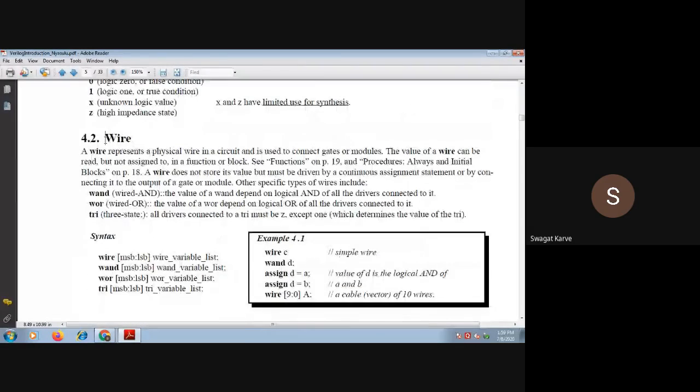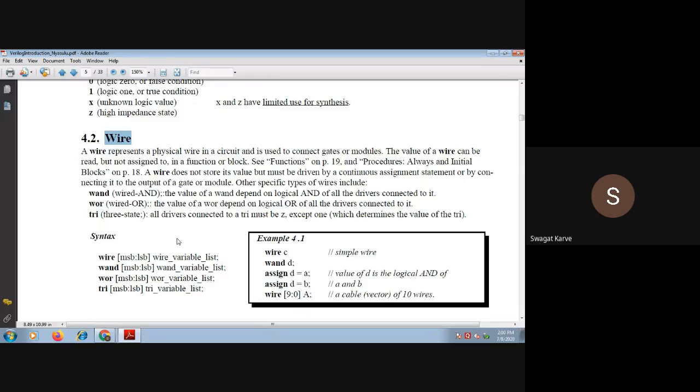Again, wire. Wire is a second type of data type. Now, what does this wire mean? A wire represents a physical wire in a circuit and is used to connect gates or modules. That means wire represents the physical circuit in the code, and that is used to connect the different gates and modules.